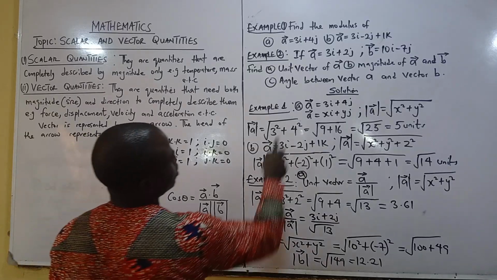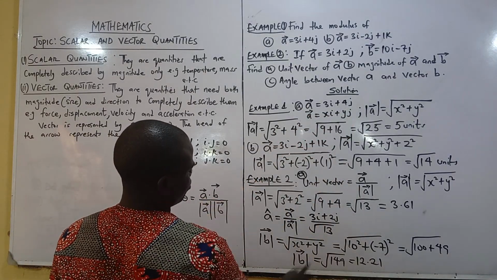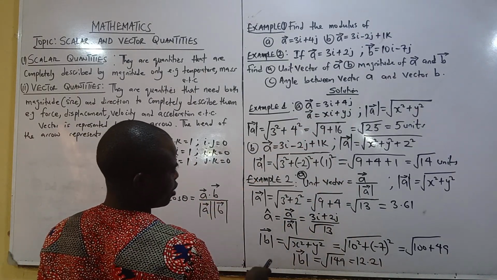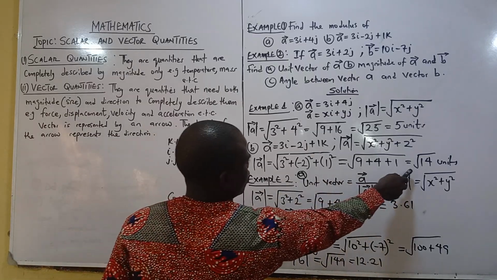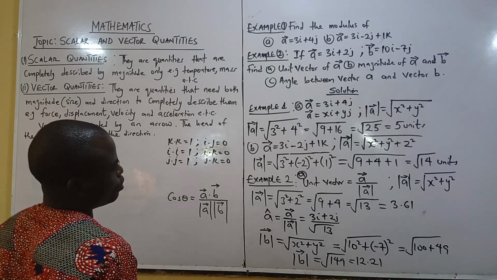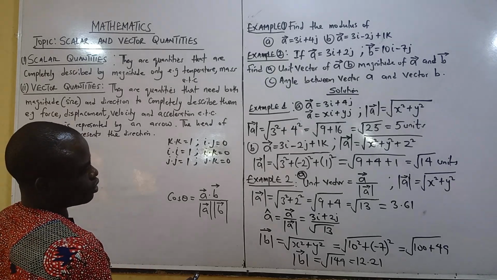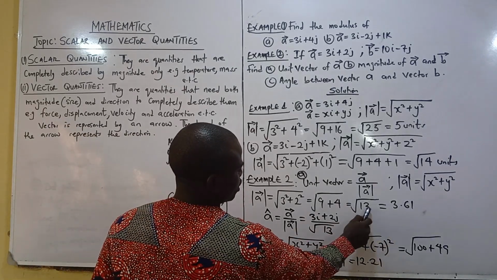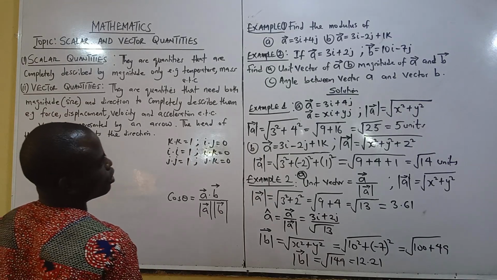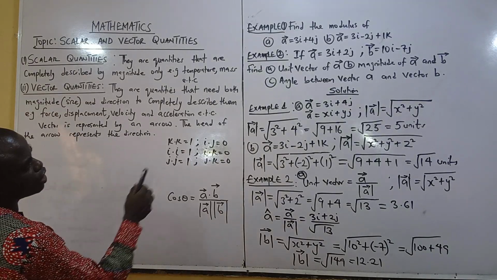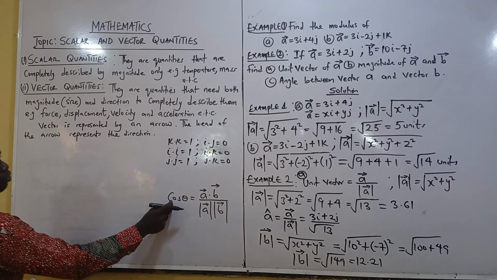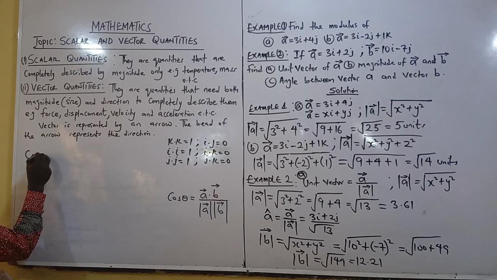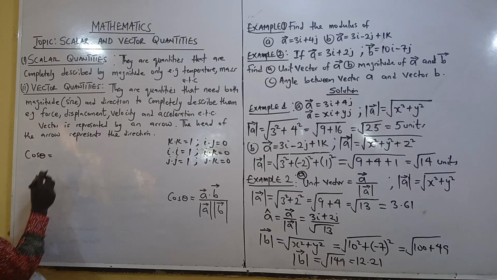The next one is that you have to look for the magnitude of A and B. The magnitude of A is square root of 13, which is 3.61. Now we have to look for the angle between vector A and B. That's cos theta. Look at the formula: cos theta equals A dot B over the magnitudes.